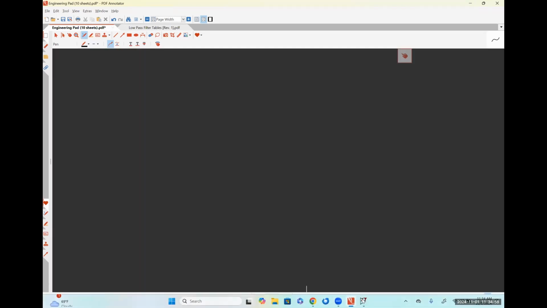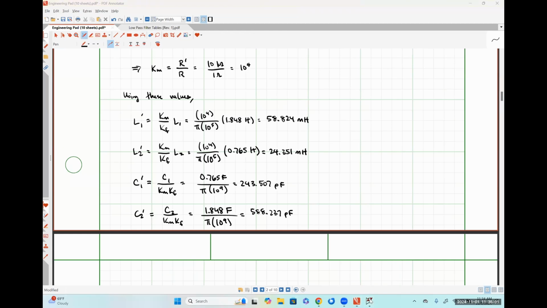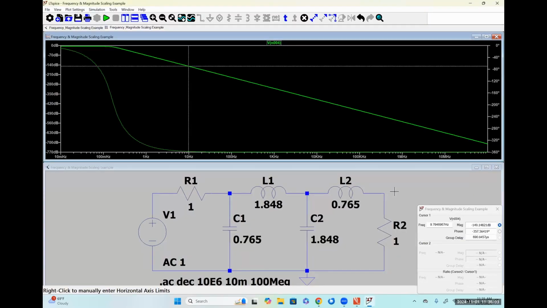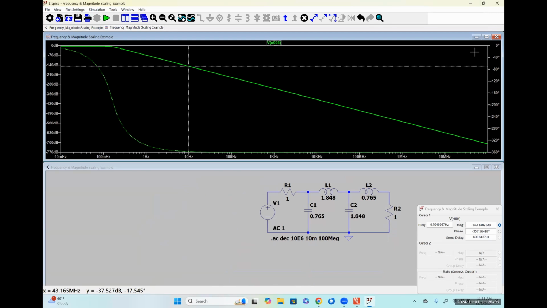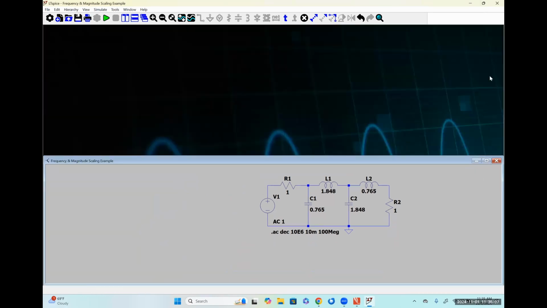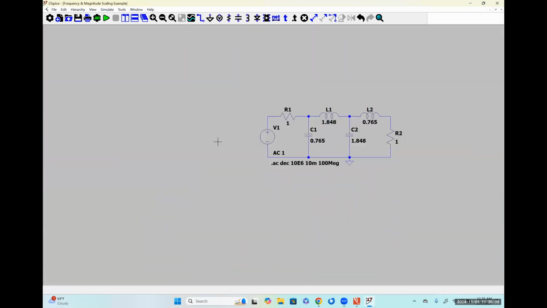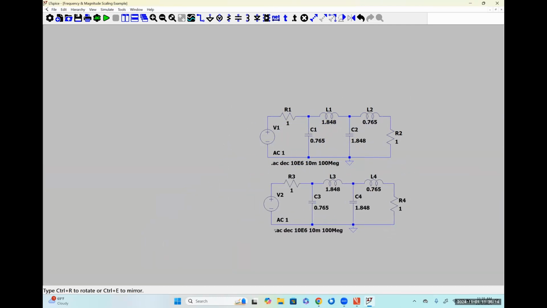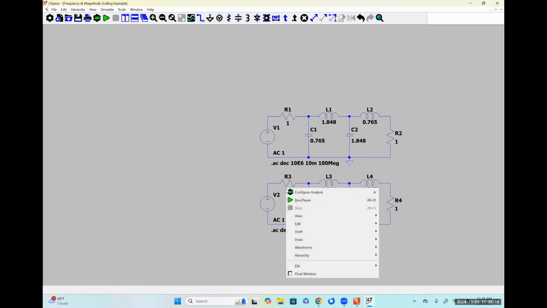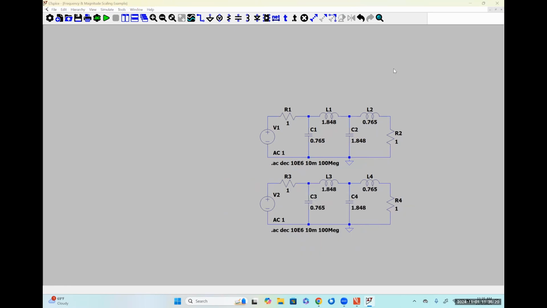So what I'm going to do now is I'm going to copy this circuit. Let's get this out of the way, close this out. So Control C, Control V. All right, so our resistors should now be, we'll get rid of this thing.